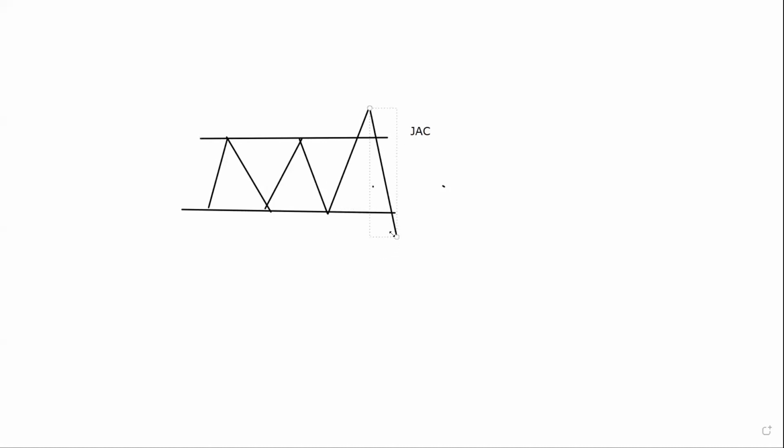Now, two conditions can happen. Either it will go down, test this region and go up. This is condition one. The second condition is it will fail here and then go down directly and turn into an upthrust. Am I right? So how do we know this breakout will fail? Number one condition, first situation.